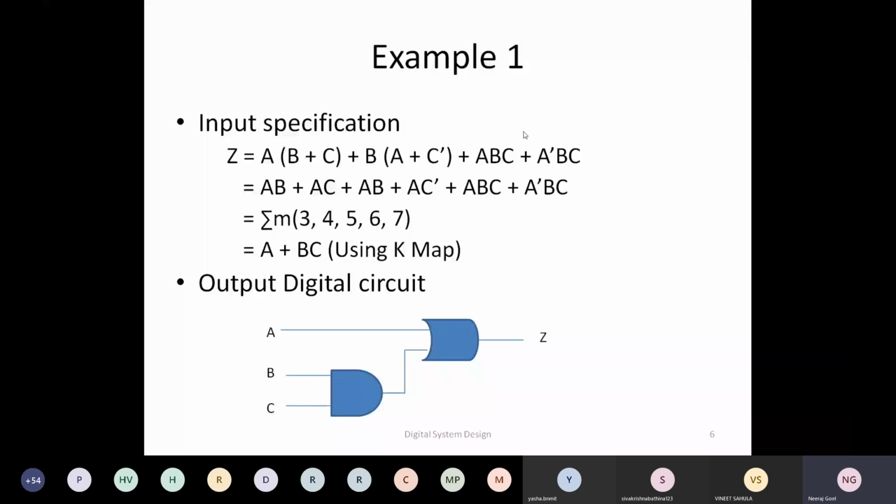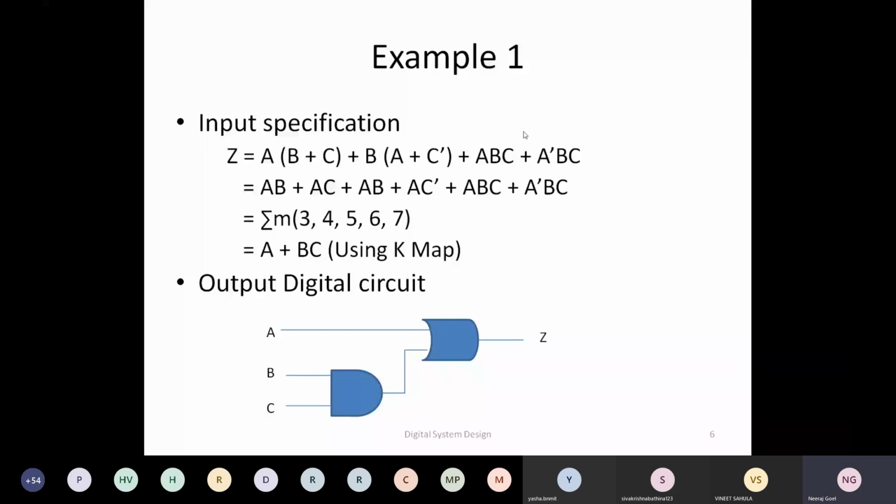Means all possible combinations of A, B, C values you will enumerate, and you will evaluate the function Z for all of them. This particular method, where all the combinations of A, B, C are given and Z is evaluated for all the combinations, we call a truth table.